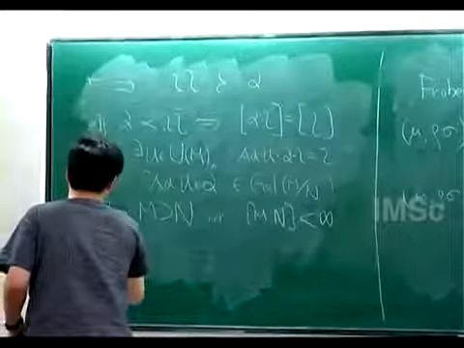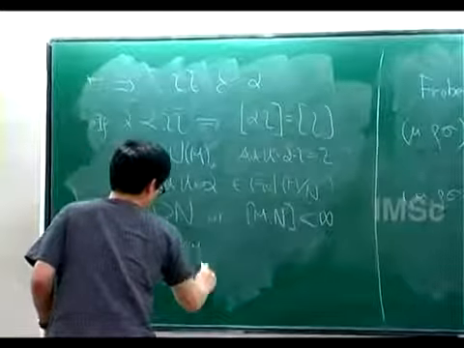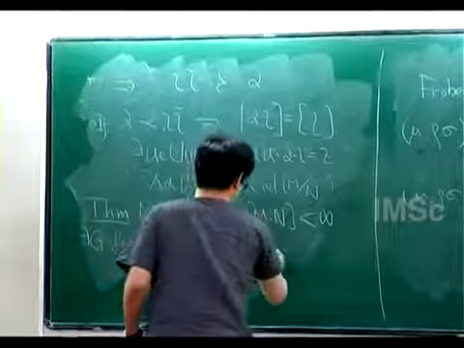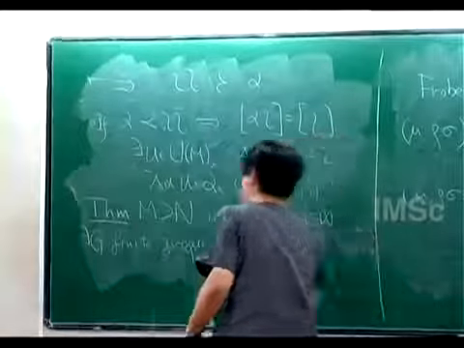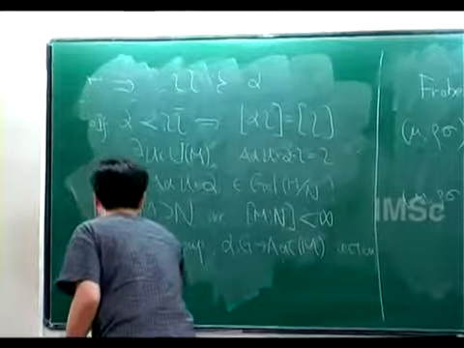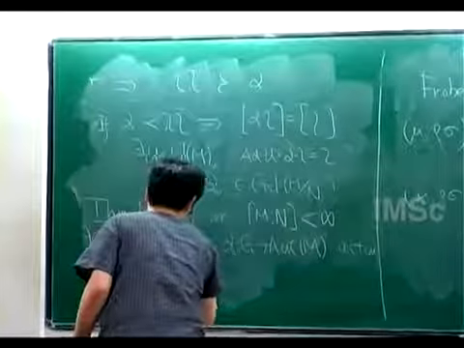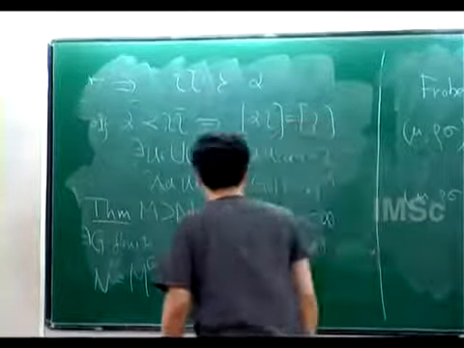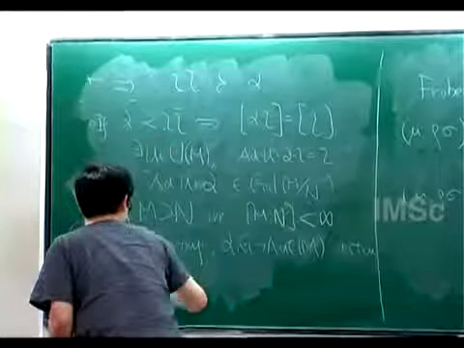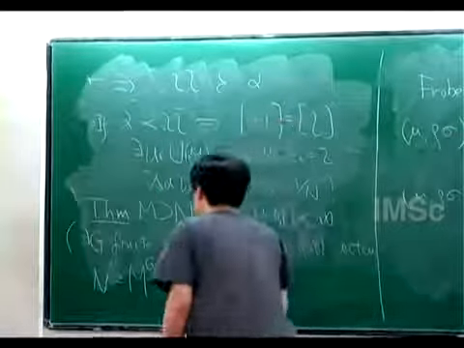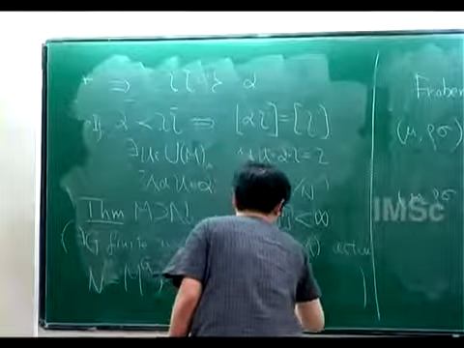Then there exists a finite group G and an action such that N is the fixed point algebra of G if and only if iota bar is decomposed into automorphisms.